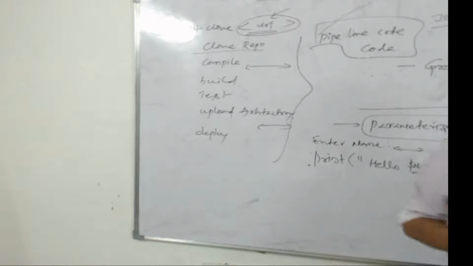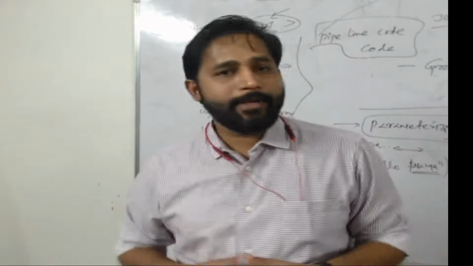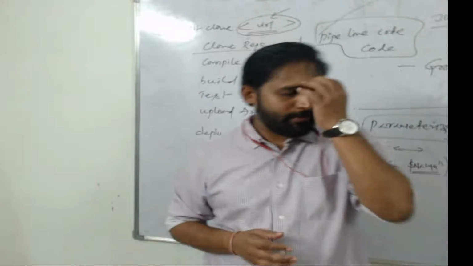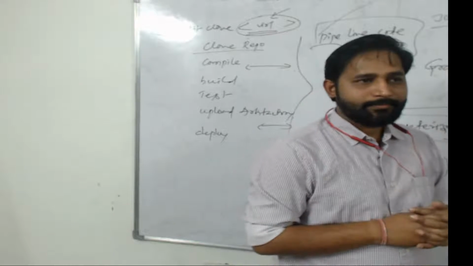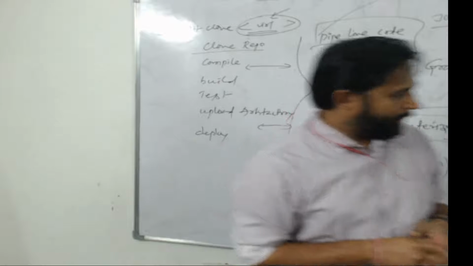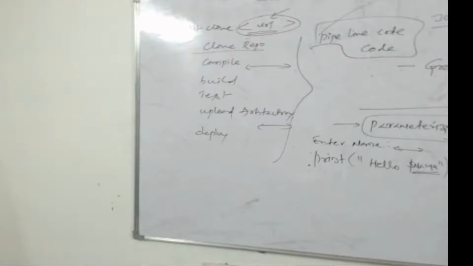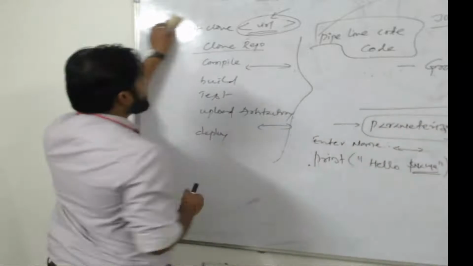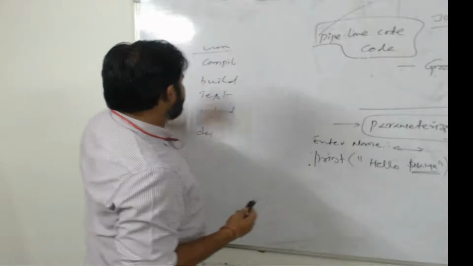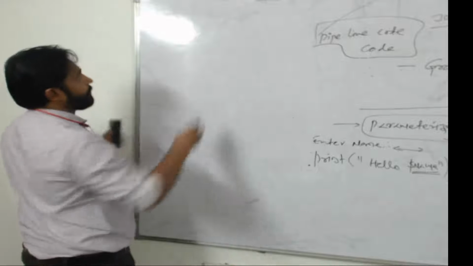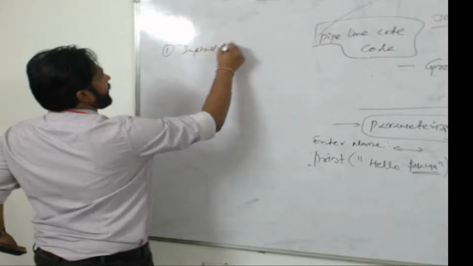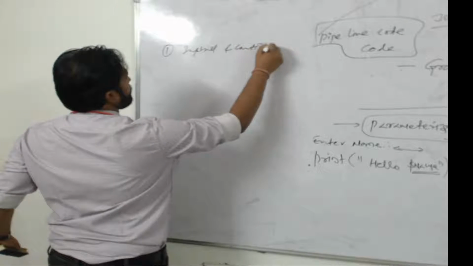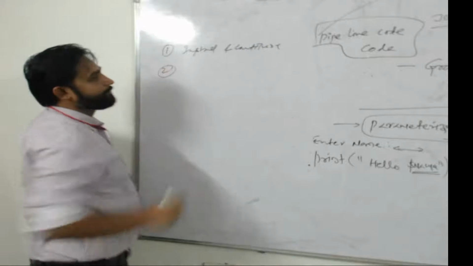Let's recollect Jenkins. What do we have in Jenkins as an admin, a DevOps engineer? What are the tasks you do in Jenkins? You will configure Jenkins. So your installation and configuration is the first thing. Let's list out what we have in Jenkins. Stick it to your mind. Install and configure. Next, what do you do?